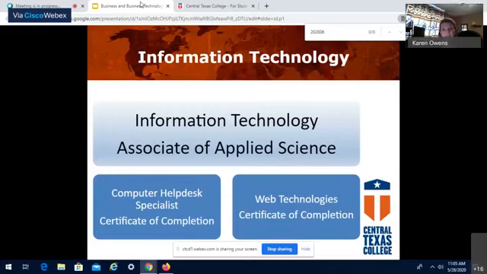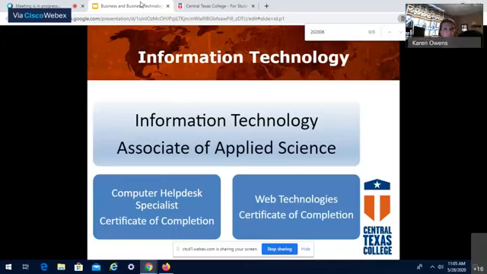Now these are stackable. These certificates fold into the Information Technology Associate of Applied Science degree. The Computer Help Desk Specialist and the Web Technology certificates both feed into it.